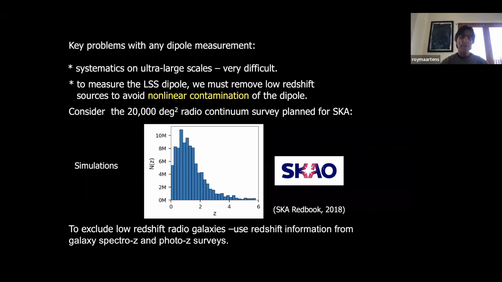And you can see the median redshift there is above a redshift of 1, so we can happily exclude low redshift sources and thus exclude nonlinear contamination in order to perform this test robustly. Because radio continuum surveys don't give redshifts, we would have to exclude the low redshift sources using cross correlations or matching with photometric and spectroscopic galaxy surveys.